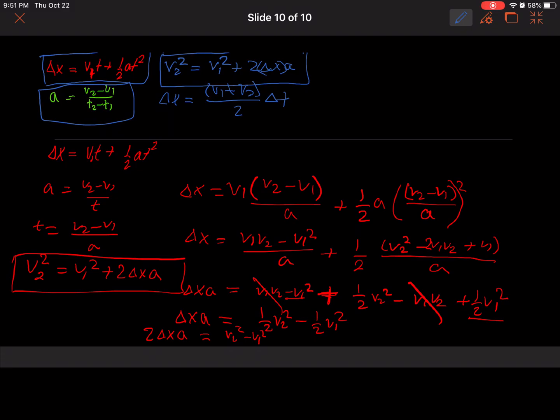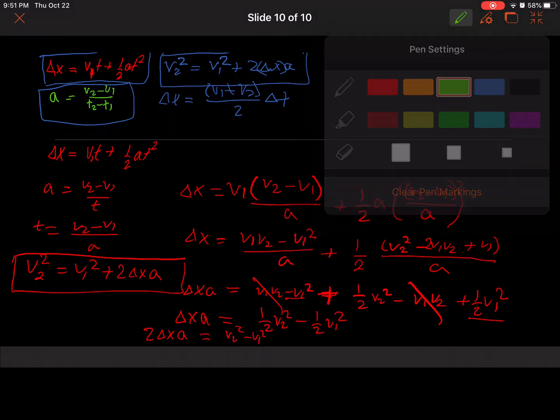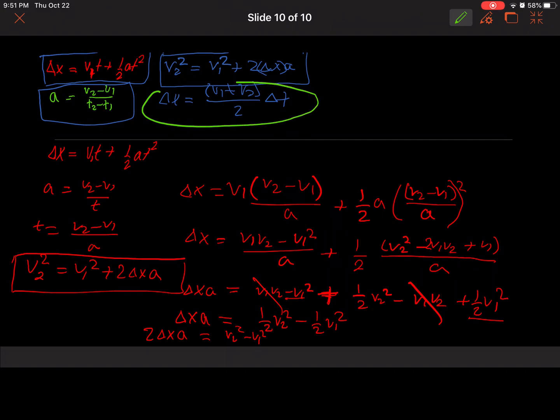This one I usually don't need, although who knows. But more than memorization, you should know how to derive them. You should know where they came from. You should know why they exist. All right, so those are the four kinematic equations relating acceleration, initial and final speed, displacement, and time.